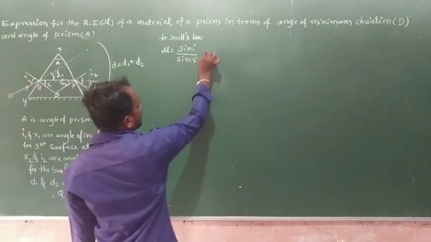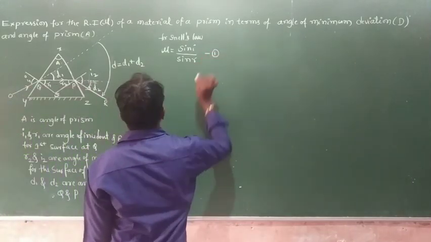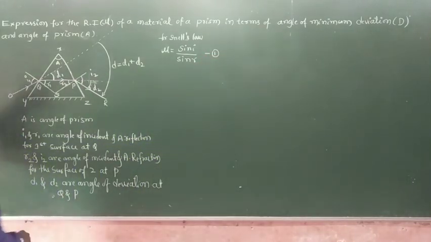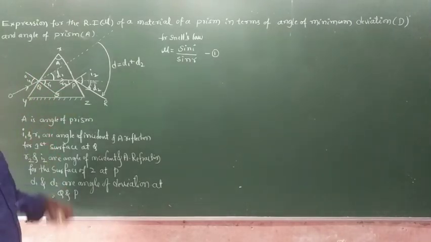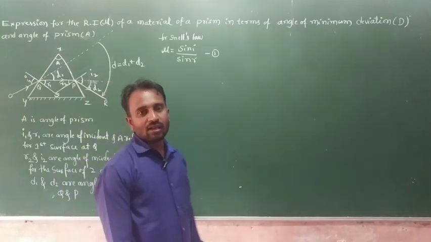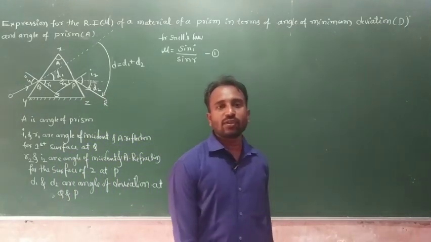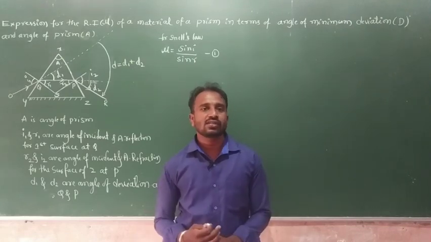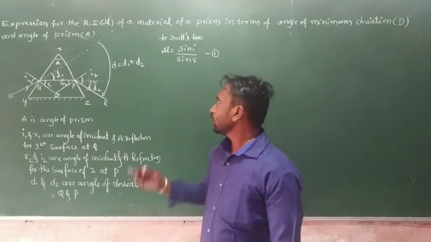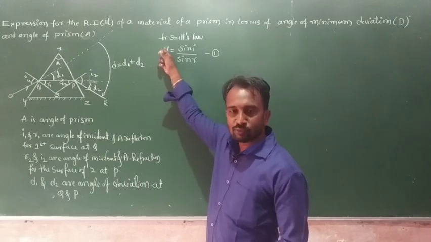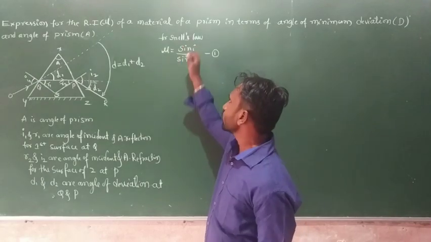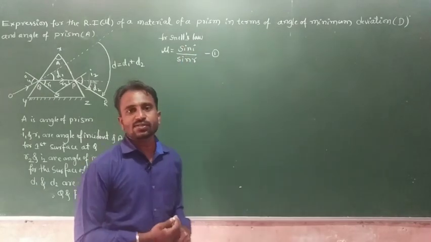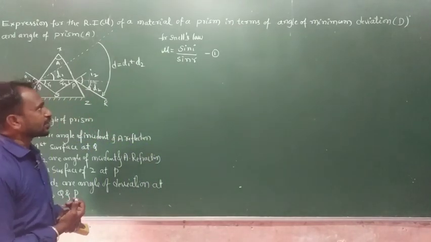Okay, so this one we consider as equation 1, and here we have two media. This one is the first media and this one is the second media. Air is the first media and glass is the second media. Suppose air is mu1 and glass is mu2. So the refractive index of one media with respect to another media is equal to the sine of the angle of incidence to the sine of the angle of refraction.